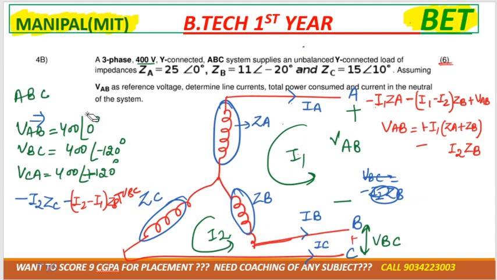Then after that we can get the value in terms of VBC. Then we'll have VAB value 400 angle 0, and the VBC value.